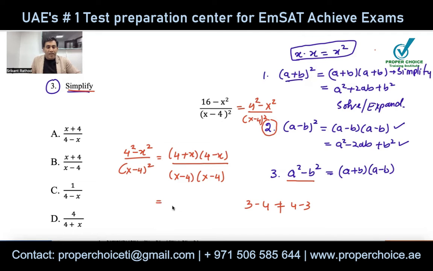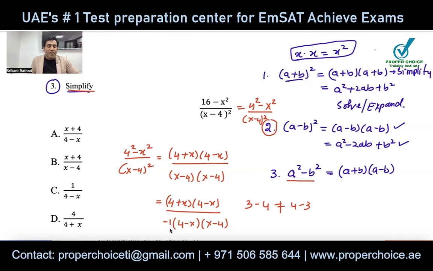Let me keep the numerator as it is: 4 plus x times 4 minus x. The denominator term x minus 4 can be written as -1 times 4 minus x. And the second term I keep as it is, x minus 4, because I'm taking the common factor from only one term.